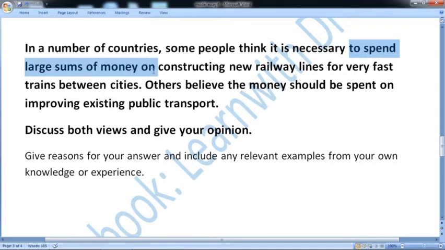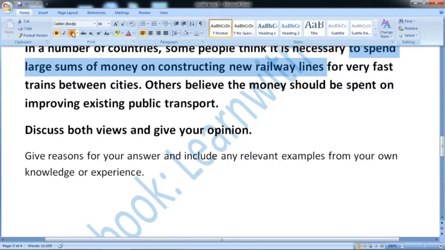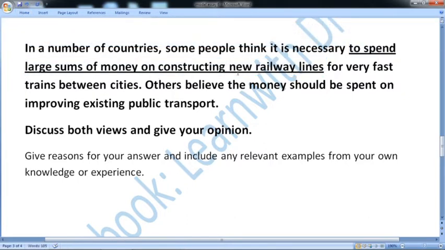spend large sums of money on constructing new railways. Fast trains between railways is the same as fast trains between cities.